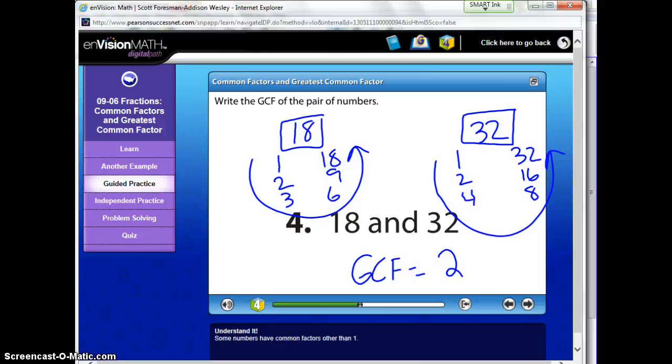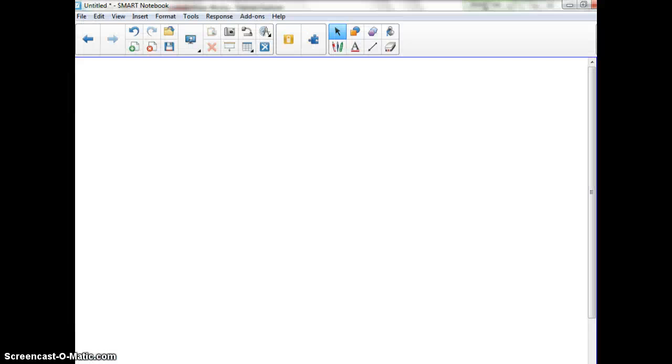Anything else that's prime, right? 7's a prime number. Give me another prime number. Yell it out. 3. I just don't love 1s because 1 times 1 is 1 and it doesn't give any variation really. Dathan? 5. 17. 13. Good work.